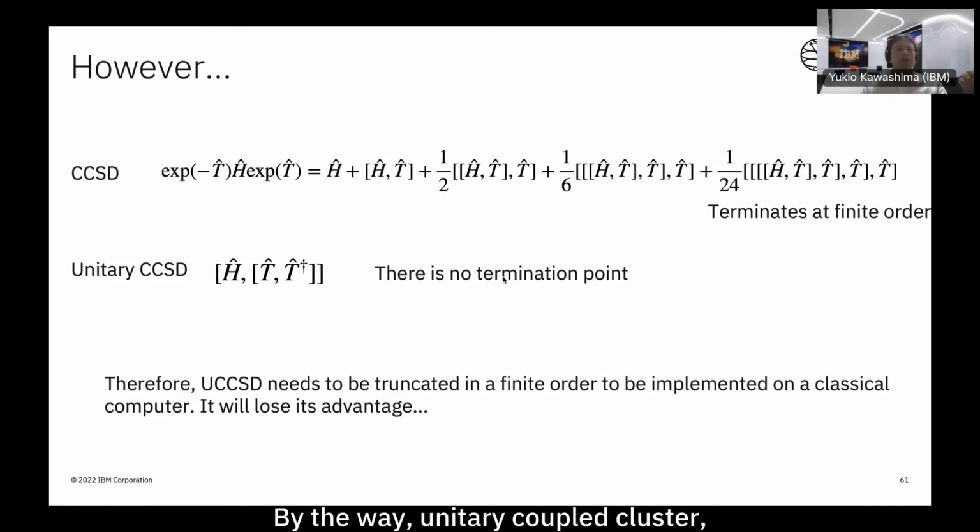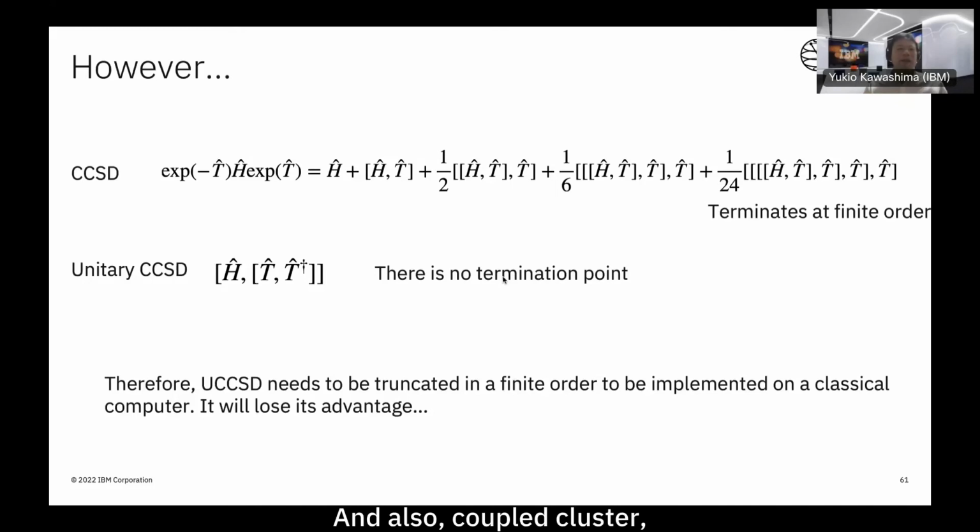By the way, unitary coupled cluster is used as the ansatz in Qiskit's VQE. In the case of the quantum algorithm, UCCSD doesn't have to be truncated, and it can be implemented easily on a quantum algorithm.